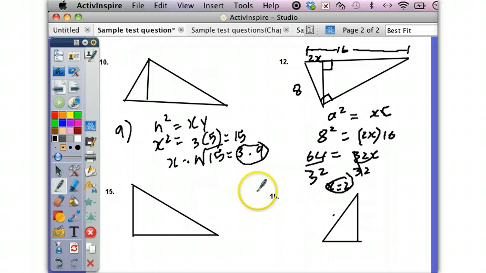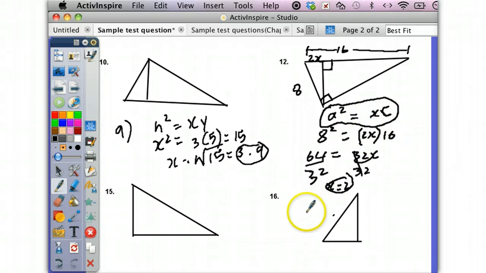Priscilla, work on number 11. Grant, you did it? No, I'm working on it. All right. Tiffany was just saying that these two formulas are similar. The a squared equals cx is similar to the b squared equals cy. You just have to be very discerning as to which one you use for your y and which one for the x. Okay? For this one, would you use distributive property? Yeah.